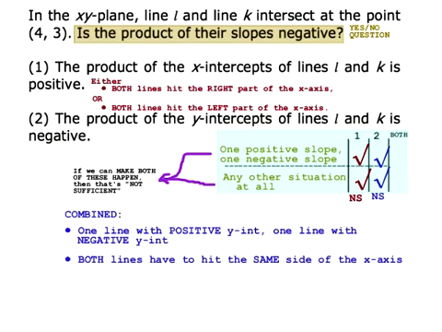And also, they both have to go through (4, 3). So that's the other thing, right?